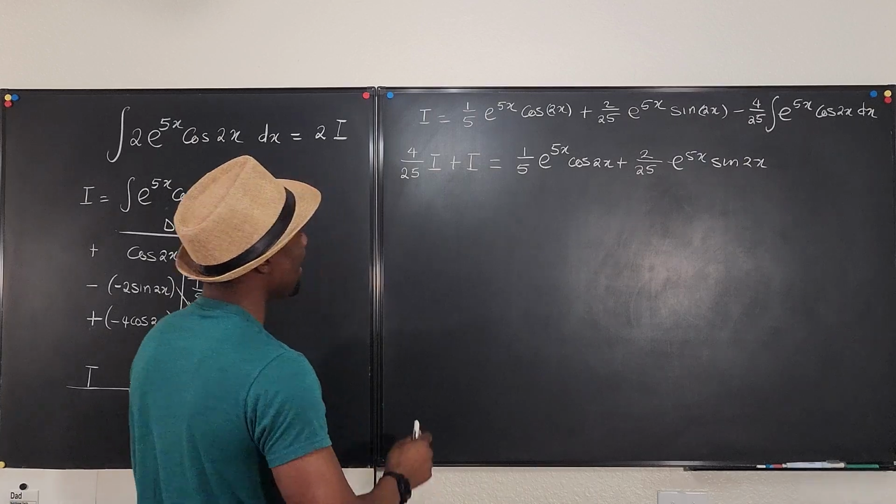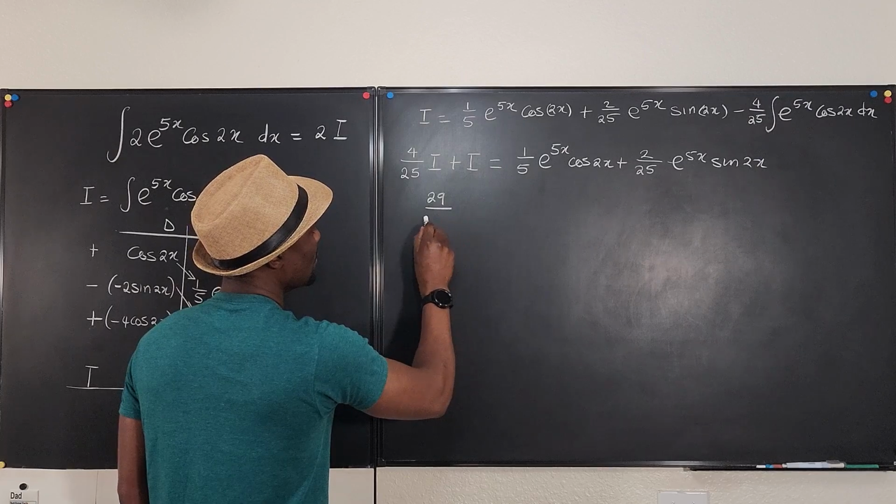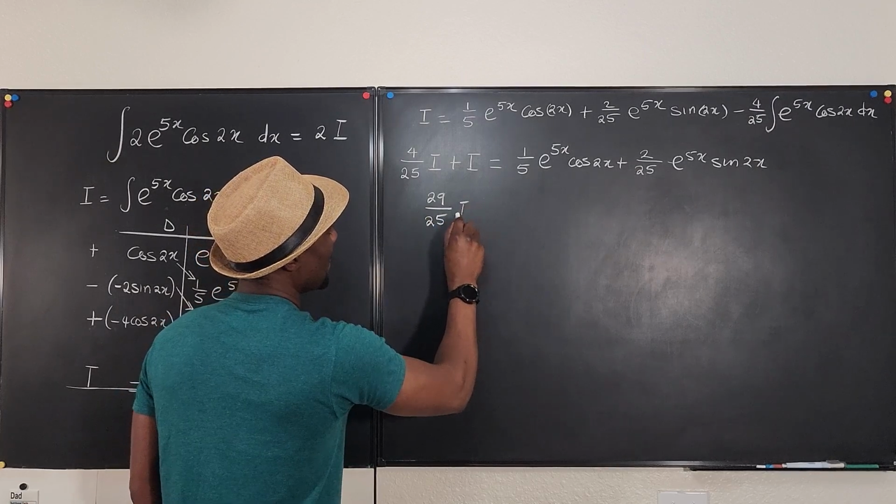Well, based on what we have, if you add this to this, this is going to be 29 over 25 I. Okay?